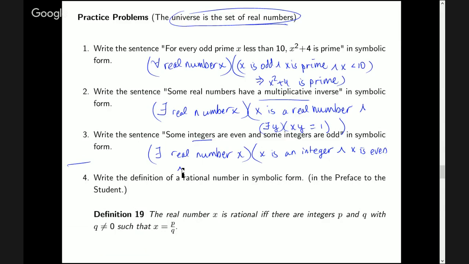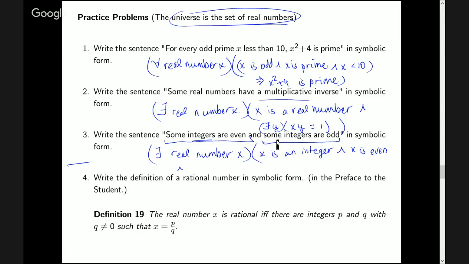And then what do they say? Even in some, okay, notice that this and right here kind of breaks this up. Some integers are even and some integers are odd. So there exists a real number, X is an integer and X is even.